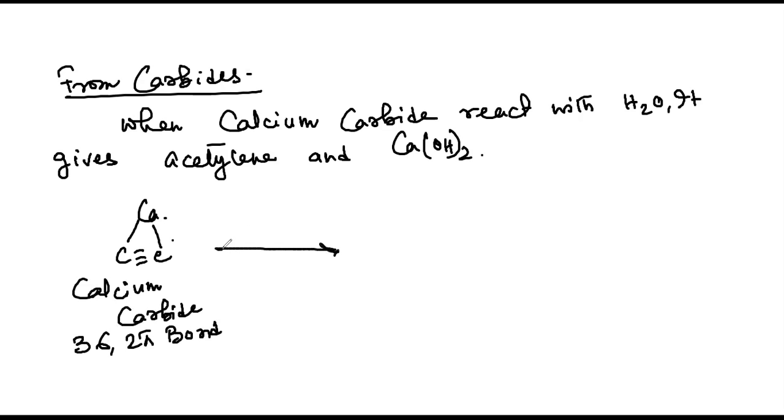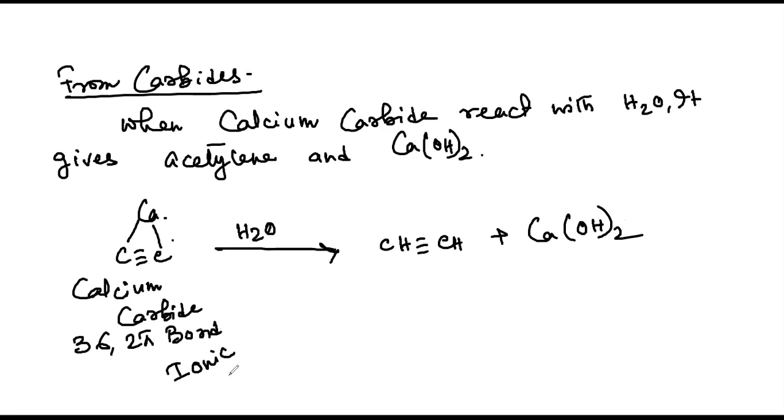So you can give here water. This will produce CH triple bond CH plus calcium hydroxide. This is ionic carbide. Carbide can be classified into many types: ionic carbide, covalent carbide, and interstitial carbides.